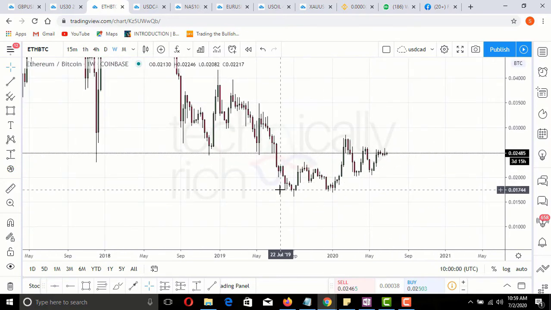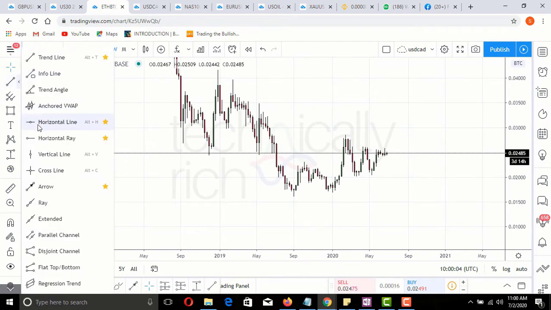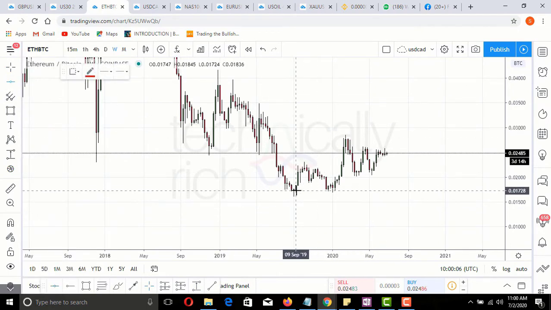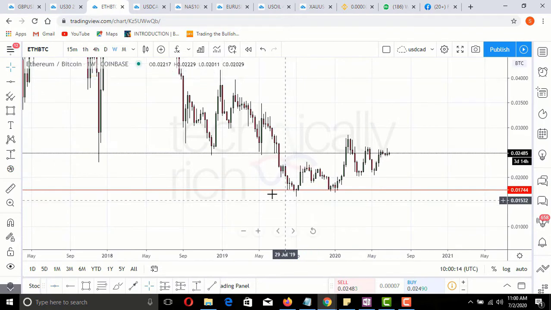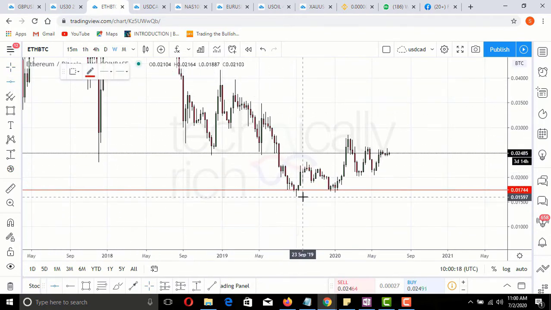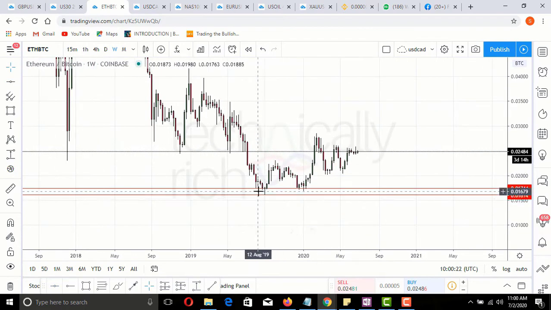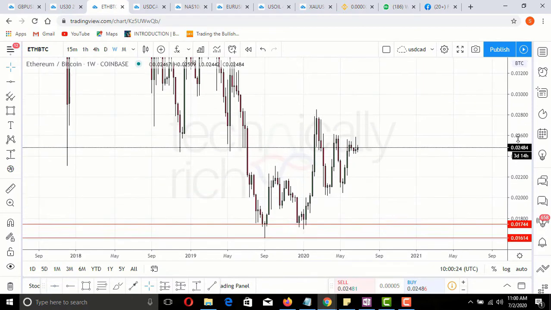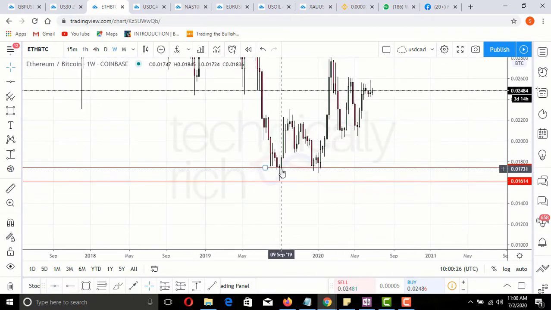I said the market moves from zone to zone, so now let's see this zone, this area. This is the weekly time frame. I'm doing this on the weekly time frame because you'll be able to see the big movement right here. I'm marking the tip of this candle, then the tip of the wick of this other candle.